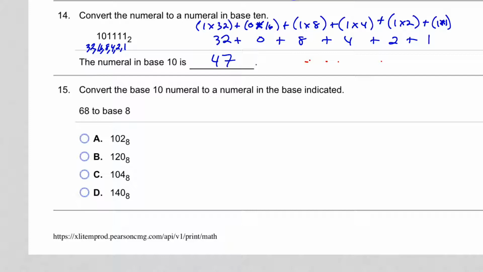Now, we're going to take our base and convert to another base. So the way we do this, in our base, we're looking at quantity, so 68 in quantity. So we can actually say that's 68 items that we have. And in base 8, all that means is we're looking for sets of 8. To look for how many sets of 8 are in a number, that's called division.